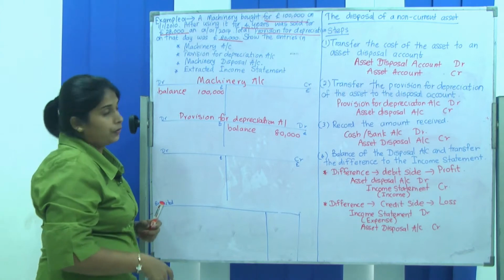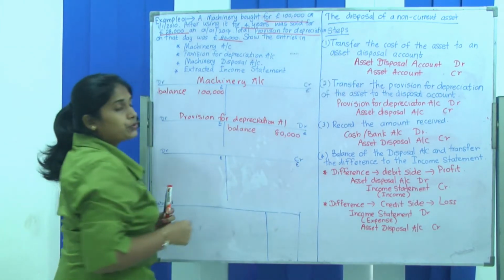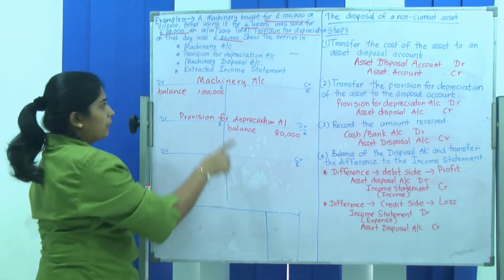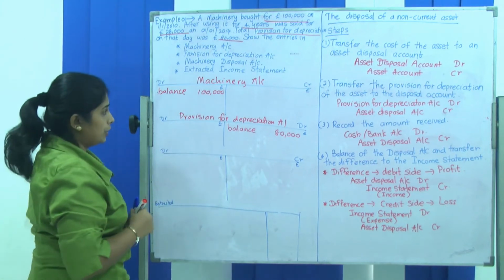Now we are going to follow the steps. First, you have to transfer the cost of the asset. The cost of the asset is there in the machinery account.